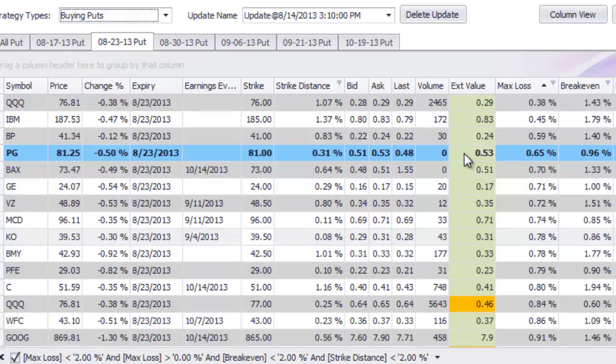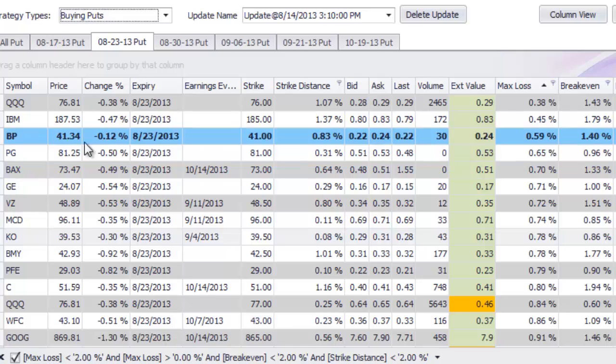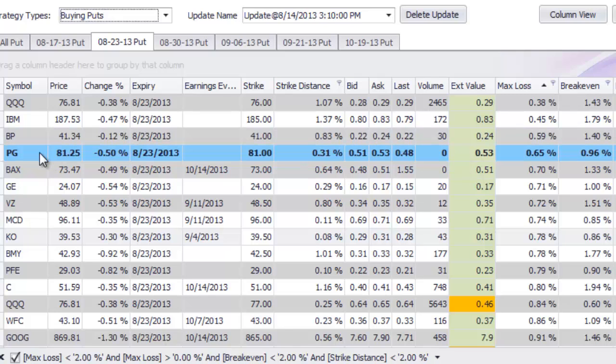The reason is that the max loss number is low, and that break-even number is low. In fact, this becomes a break-even at 80.50, which is again about a 1% move to the downside. So this is a very cheap option.